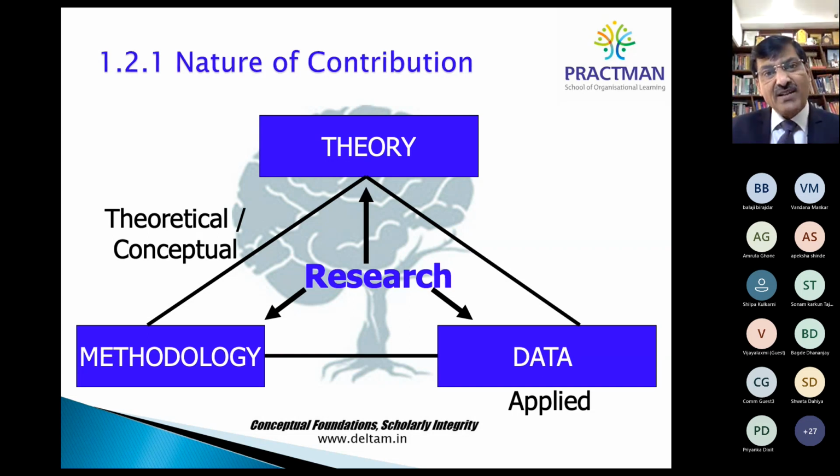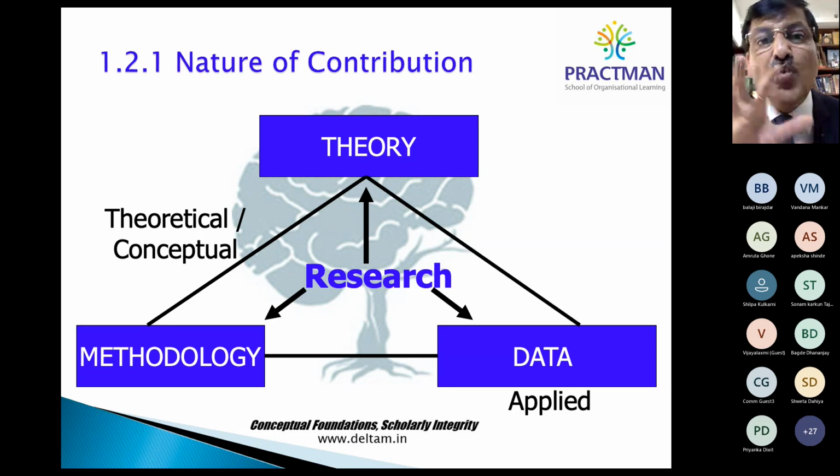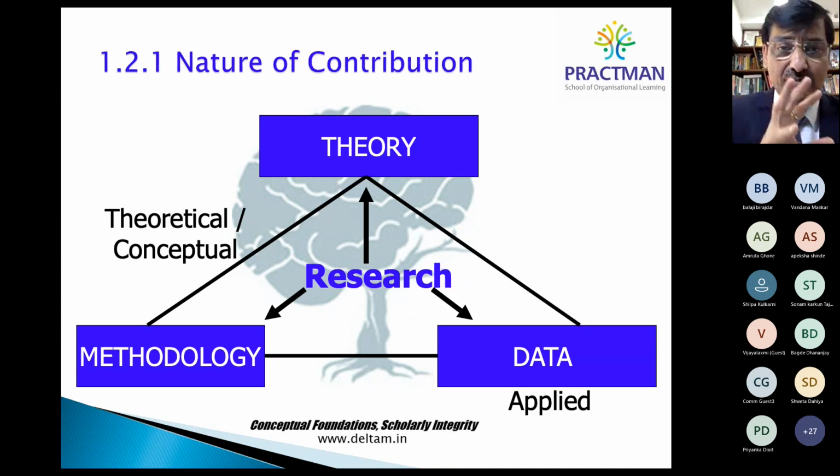The third possibility is that you are not adding new theoretical dimensions, you may not be adding new methodology, but you might be applying the existing theory and the existing methodology in a particular new area where research has not taken place, where you are basically trying to generate the data. That is more of an applied kind of research. So these are three different ways in which you can expand the boundaries of knowledge.